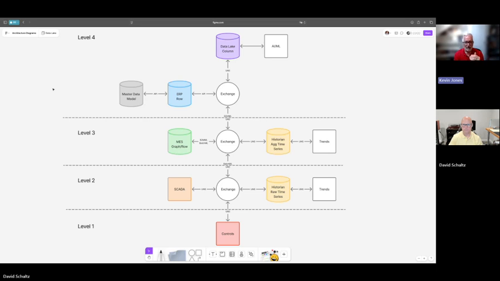So MQTT Sparkplug B works really well, applying certain technologies. But you have UNS going from level 4 to level 3, and also in level 4 between the exchange and the data lake. Does that mean we are actually using MQTT for it, or is there another concept you're conveying by saying we're exchanging data with the data lake using UNS?